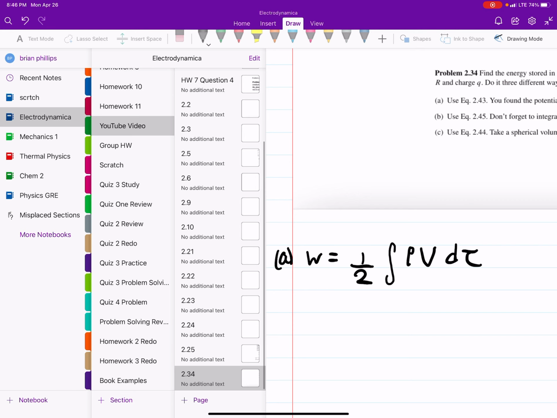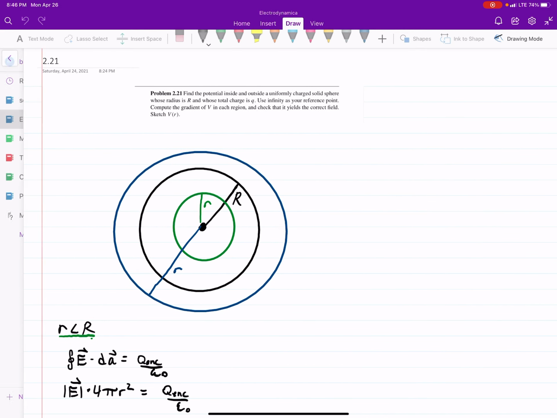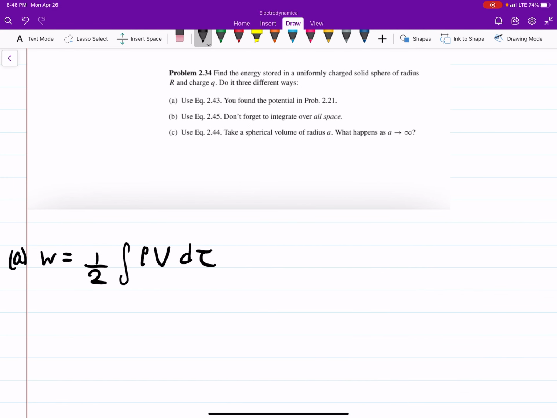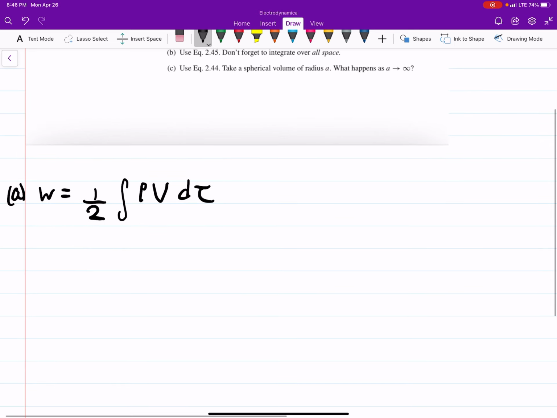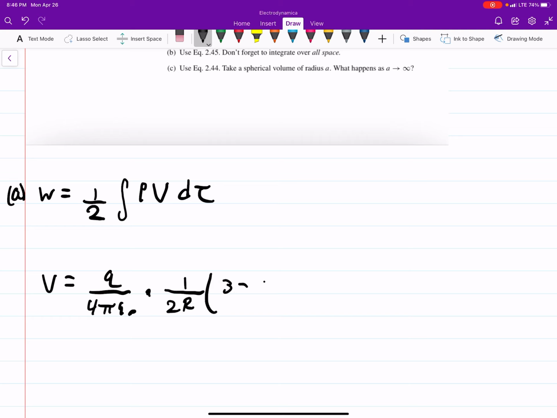You can watch the video on my channel, but I'm just going to use the result from there, which is the potential is equal to Q over 4 pi epsilon naught times 1 over 2R times 3 minus little r squared over big R squared.